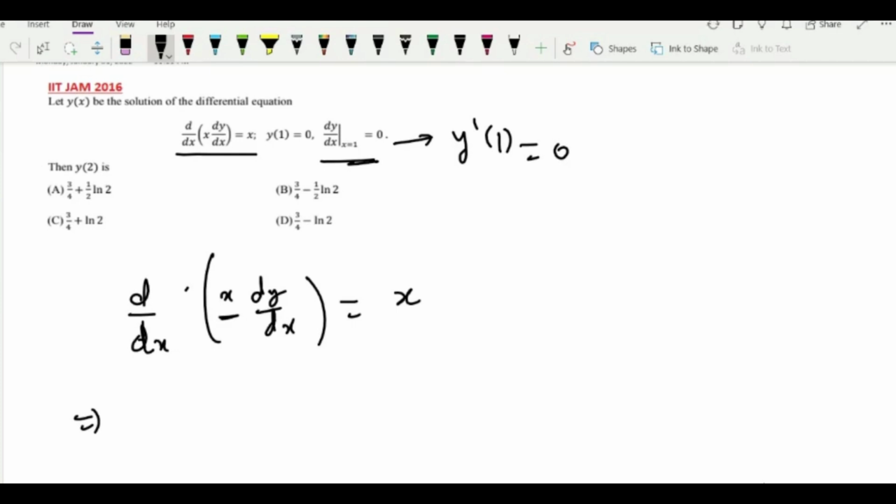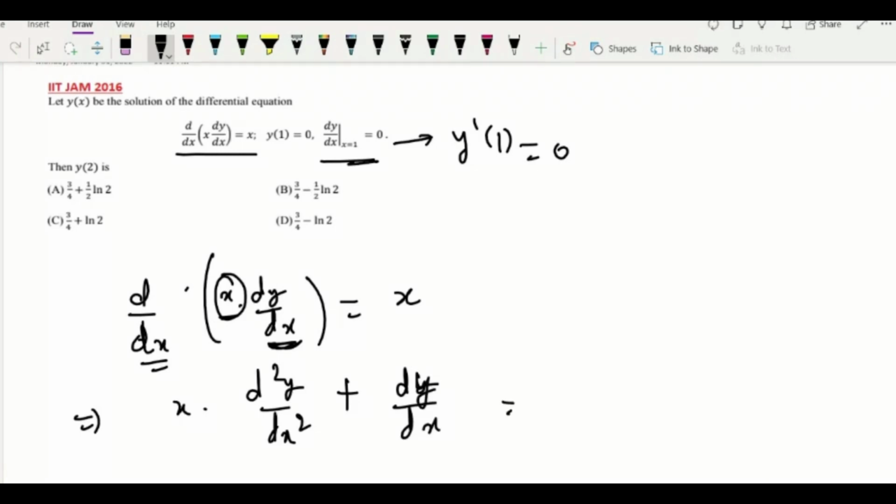Here we have two functions of x, which are x and dy by dx, and we are to apply the derivative here. So derivative of u into v: u as it is and derivative of v, that is d2y upon dx square, plus the derivative of the first function, which is 1, and the second function as it is, dy upon dx, is equal to x.